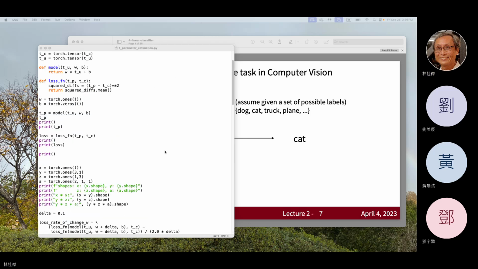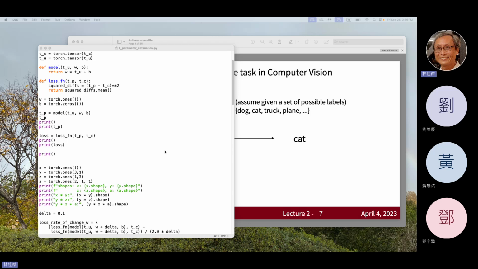So initially we don't know what the correct W and B are supposed to be. So we simply set W to torch.ones, which means we're going to set everything to a value of 1, and the B here, we simply say this is going to be zeros. So the bias is going to be 0, and then W is going to be initialized to 1.